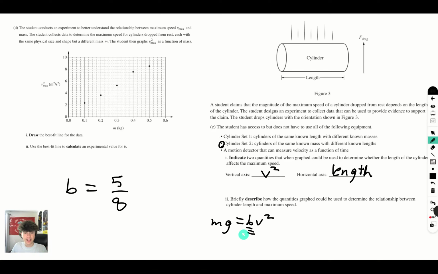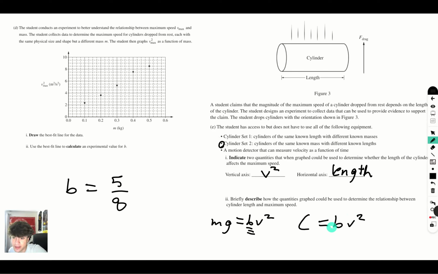As the length increases there will be more drag force, because obviously a larger object is more affected by air resistance. The mass is going to remain constant, and the gravitational constant is obviously going to remain constant. So we'll just replace mg with c, so c is equal to bv squared.